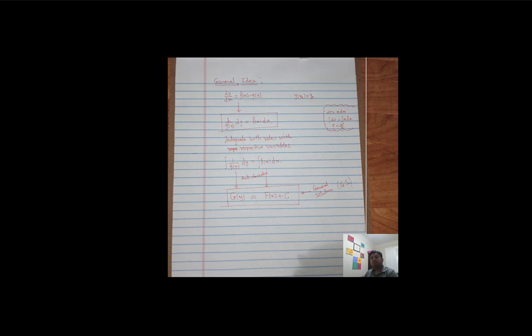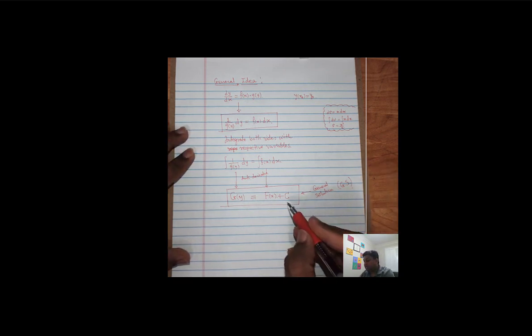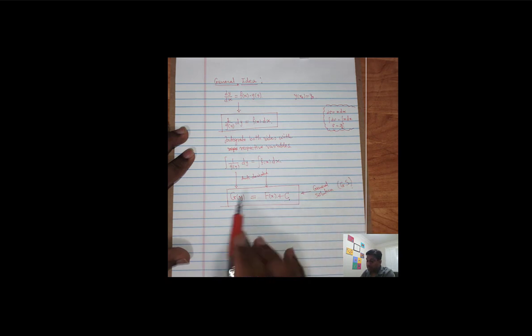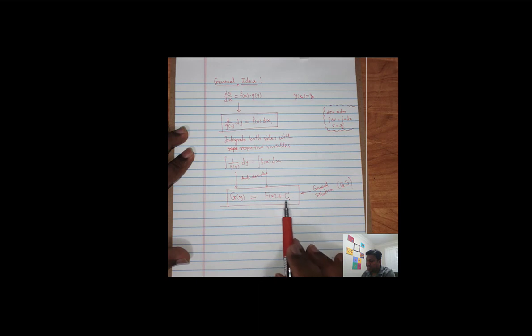So computing the general solution of a separable differential equation is not that bad. I would like to mention here that this c is a generalized constant of integration. It could take any value between negative infinity and infinity. So this is not just one solution, it's an infinite set of solutions.